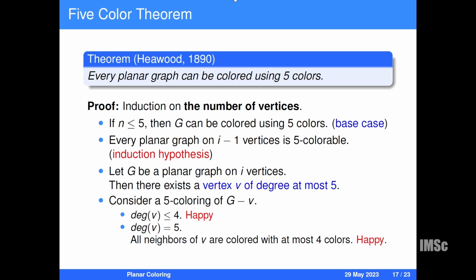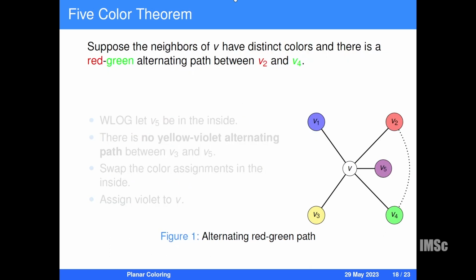If all the neighbors are using 4 colors, then you can use the 5th color and you are done. Now let's come to the difficult case. Suppose that every vertex is using a different color as depicted in the picture, and how do we go about it now?